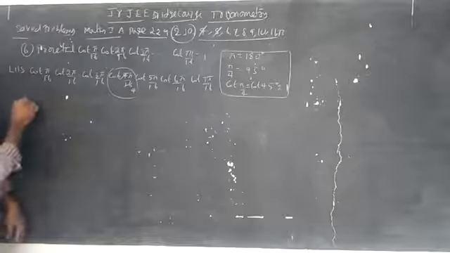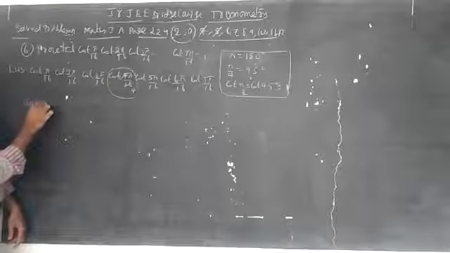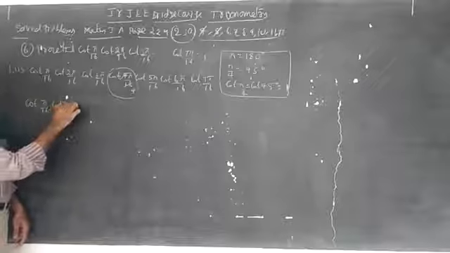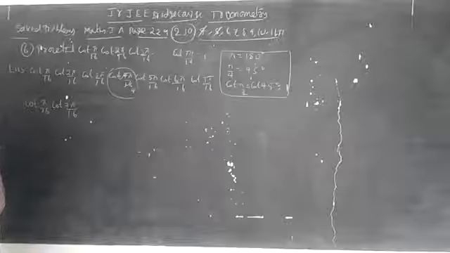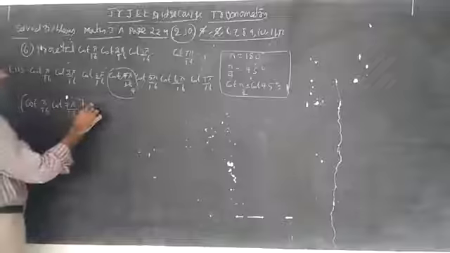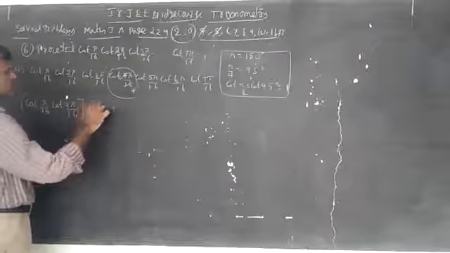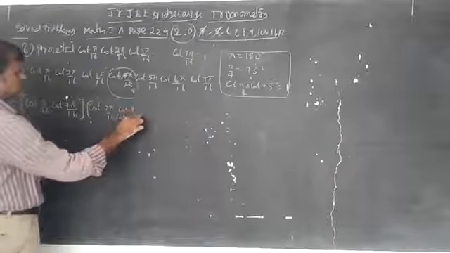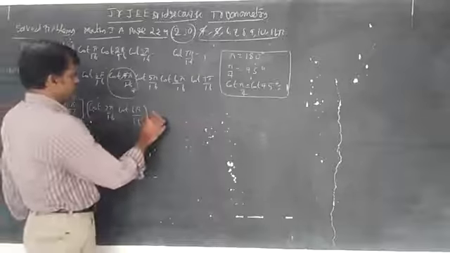Now you can write cot pi by 16 into cot 7 pi by 16, first and last side by side. Next, cot 2 pi by 16 into cot 6 pi by 16, second and last but second.